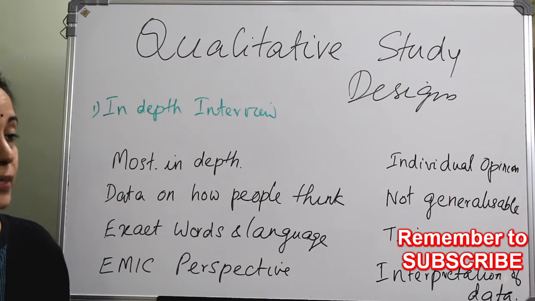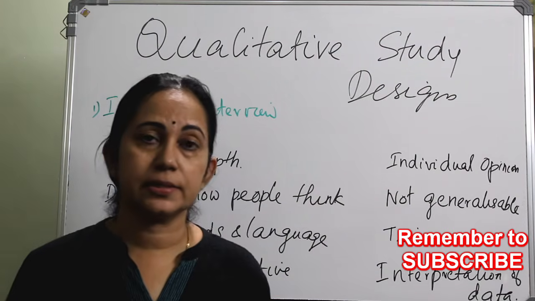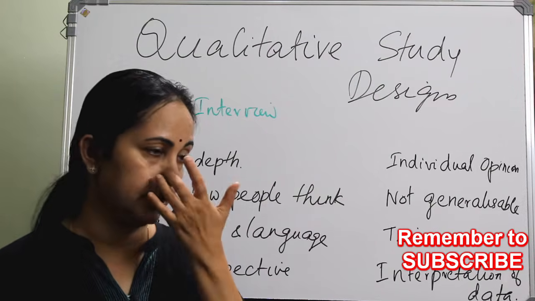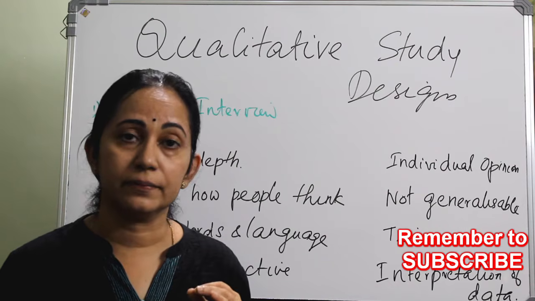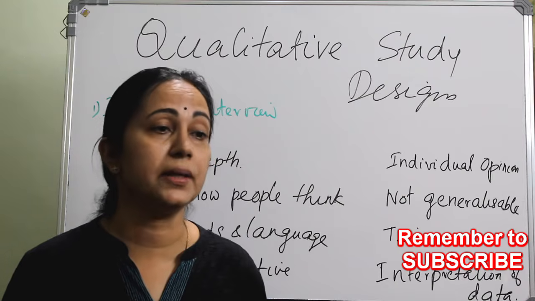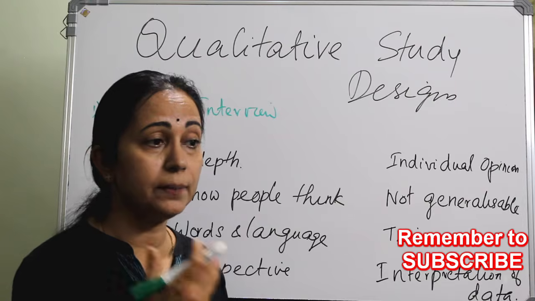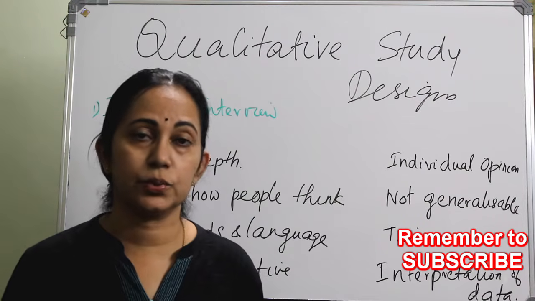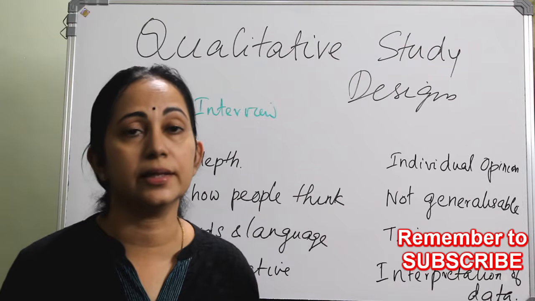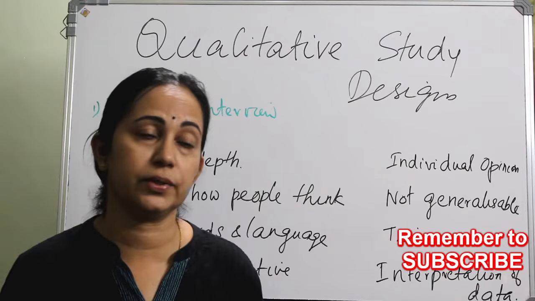One method of data collection in qualitative research is the in-depth interview. As the name suggests, it is in-depth interviewing of the participant, so that the investigator gets a clear framework, the interviewee's framework of what they mean in their own language, or why they behave the way they do. That is the advantage of this in-depth interview. We go for an in-depth interview when the content or the context is very complex and the participants have basic knowledge of the issue.